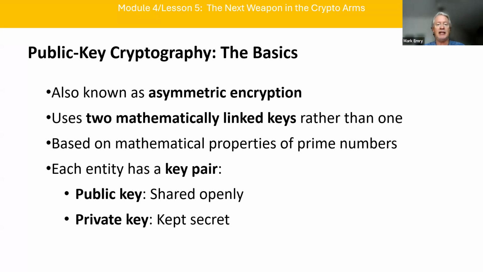While symmetric key is known as private key cryptography, asymmetric encryption is known as public key cryptography. Where symmetric key cryptography uses a single private key, public key cryptography uses a pair of keys. The term asymmetric highlights the fundamental difference in how the two keys are used, one for encryption, one for decryption.